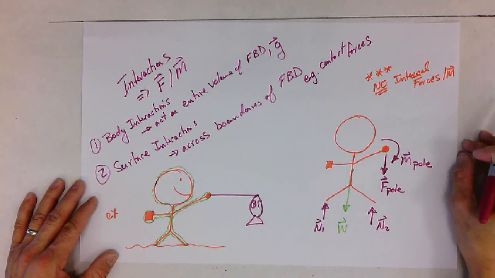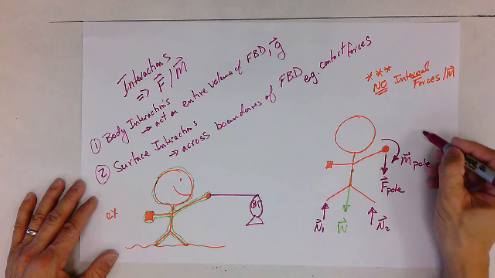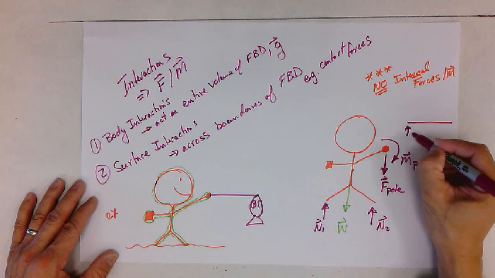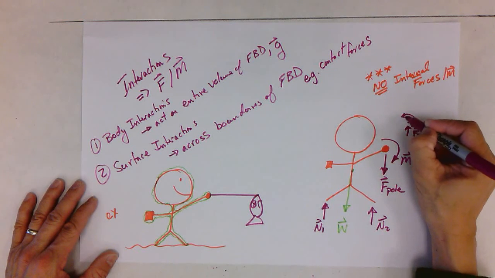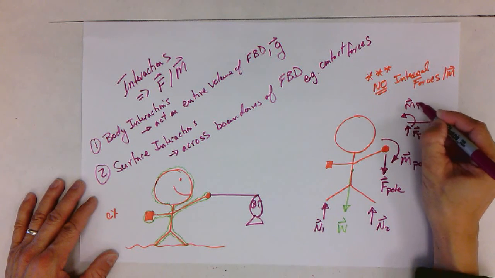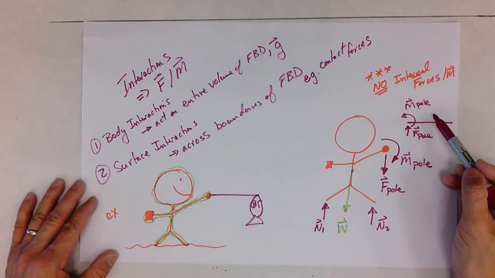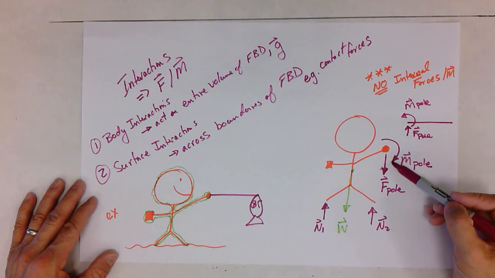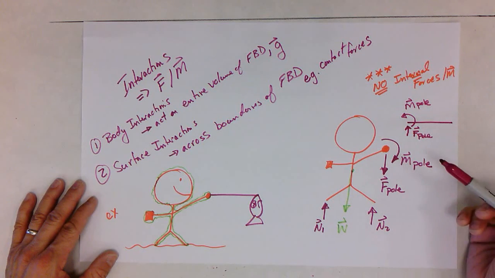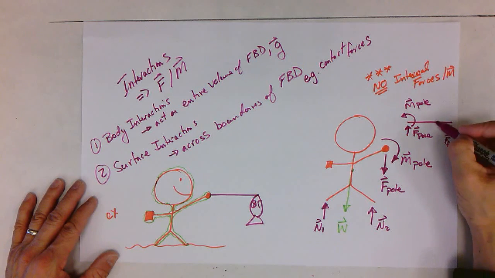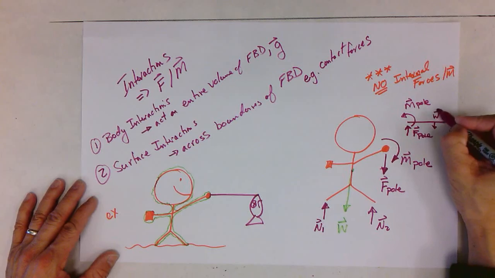If I were to draw a free body diagram of the pole, then he's going to have an equal and opposite force here, and a moment here. But in the case of Mark, this is the outside world, so there are no forces to cancel these out. Right, so this also would have something like the weight of the fish, and perhaps a weight of the rod if you wanted to consider that as well.